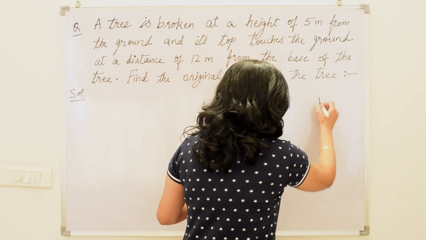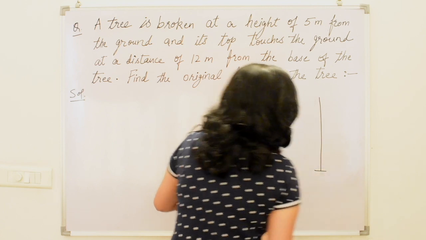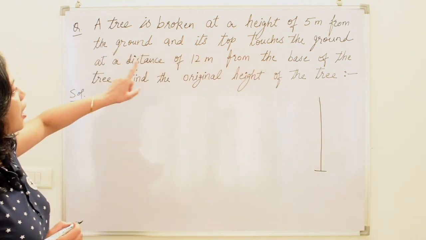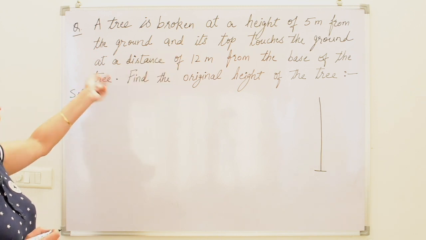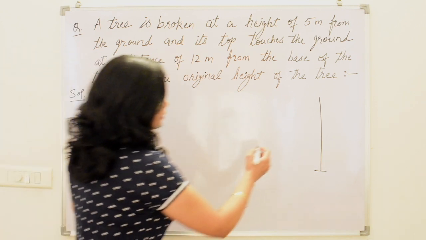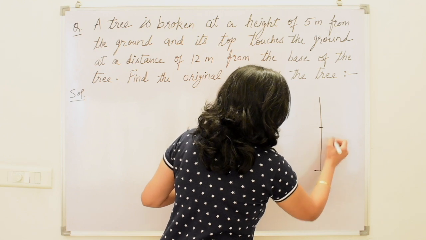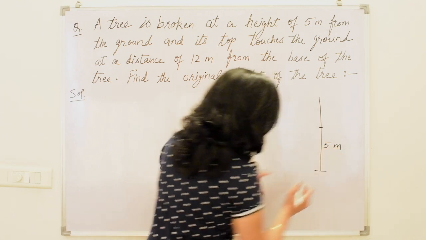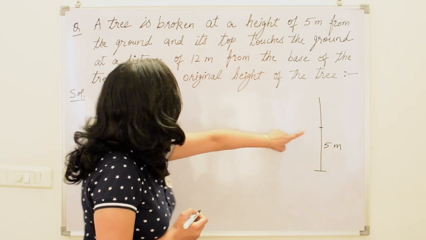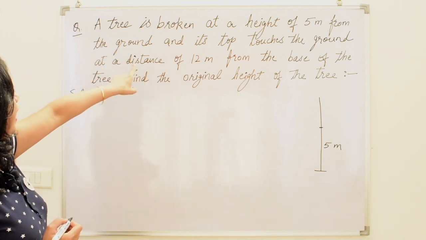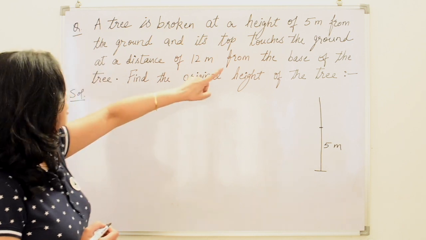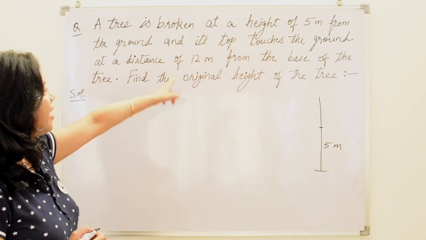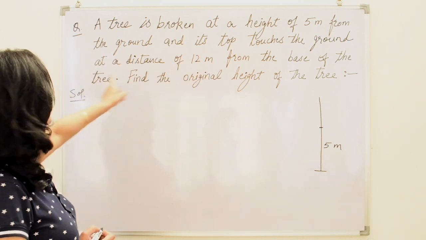Let's make the diagram first. Suppose this is the tree. Now they are telling that the tree is broken at a height of 5 meters from the ground. Suppose it is broken from here. This is 5 meters from the ground. And its top, this top, it touches the ground at a distance of 12 meters from the base of the tree.